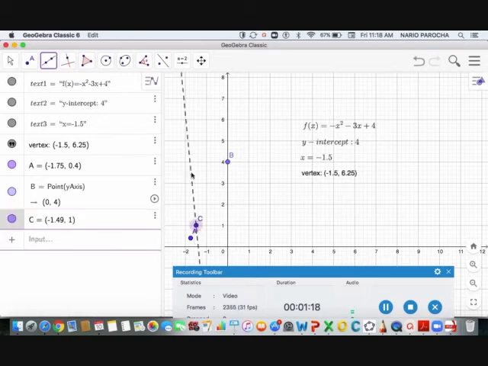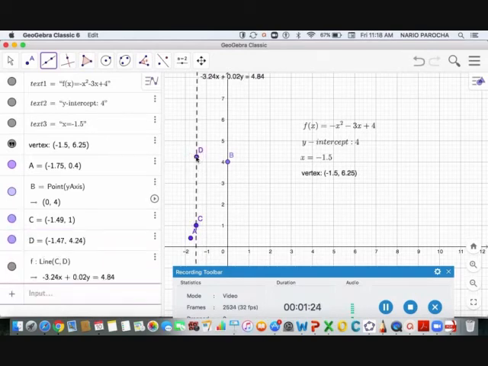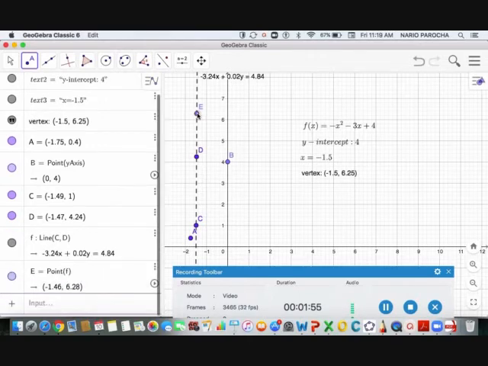And then we're going to plot the coordinate of the vertex of the parabola: negative 1.5, 6.25.